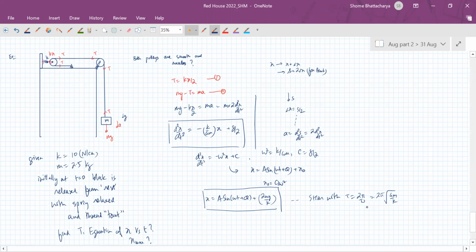Omega we have found out, and that constant term also we know, 2mg by k. So it's 5 centimeters. So x is some amplitude into sine omega t plus phi plus 5 centimeters. Take the value of g as 10.